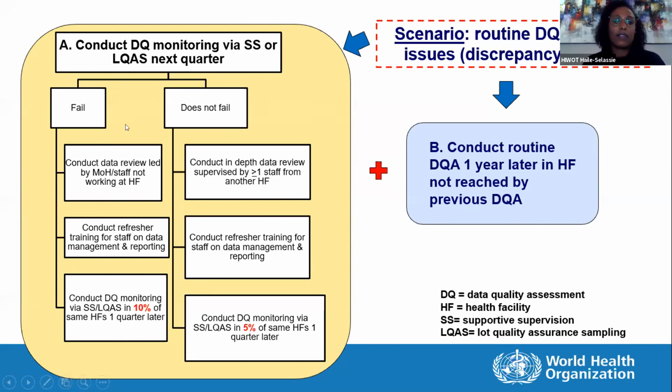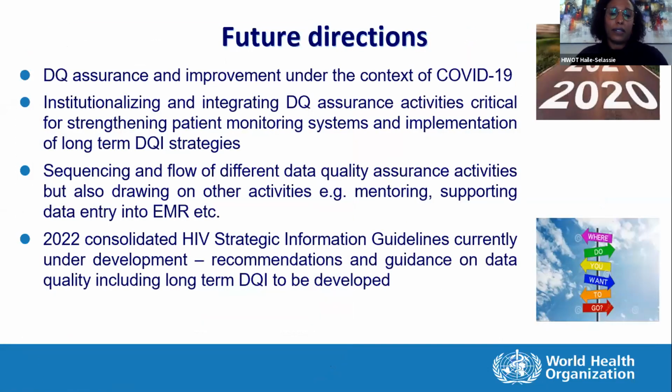And just to say, even if a site does not have significant data quality challenges, doesn't mean that they can't benefit also from additional strengthening in terms of their capacity for data management or reporting or for mentorship. And then, in the following year, you can then conduct a DQA in the sites that you didn't reach in the last one. So that's just one example very quickly, but there are others.